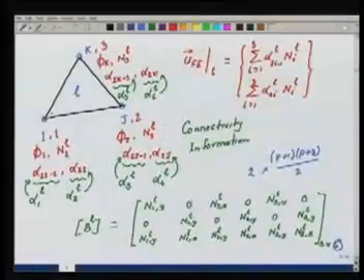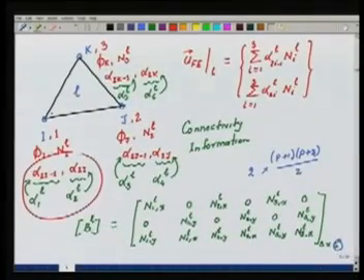Once we have done this, we go back to our connectivity information and simply assemble the entries of the element stiffness matrix and the load vector in the corresponding entries in the global stiffness matrix and the global load vector.